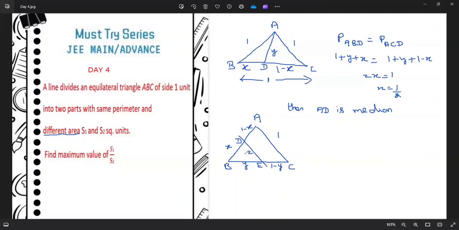So the perimeter of this triangular region and this quadrilateral region should be equal according to the question.